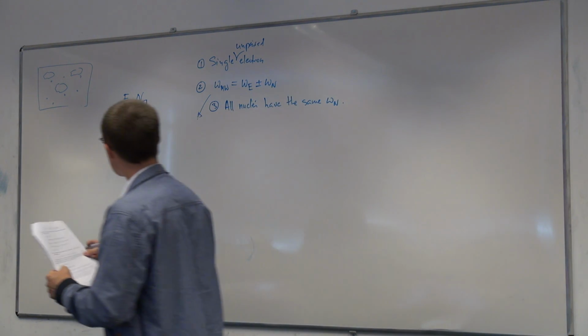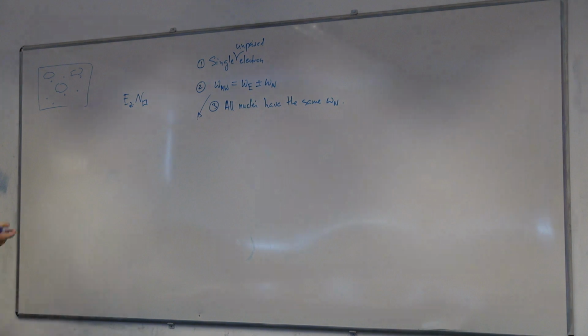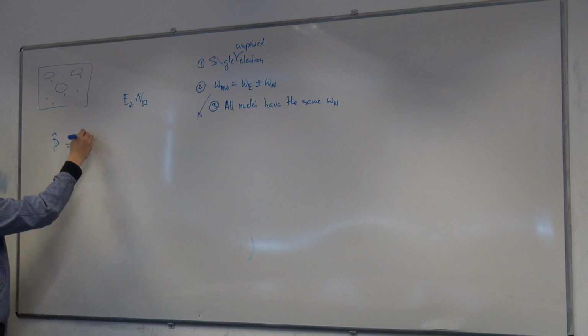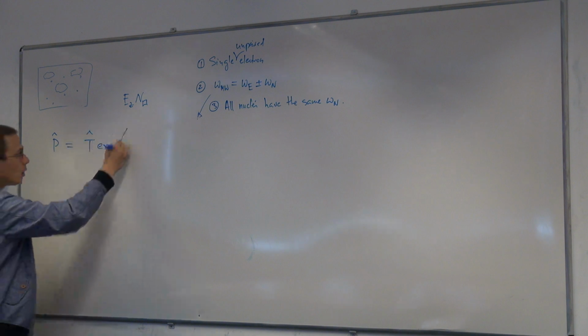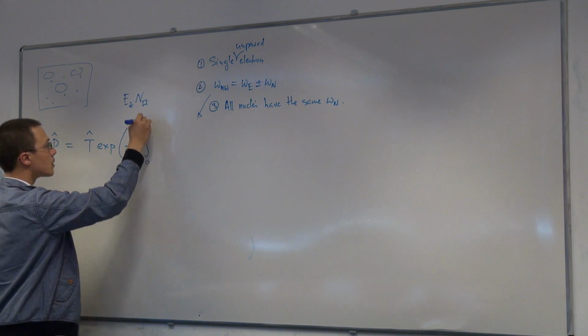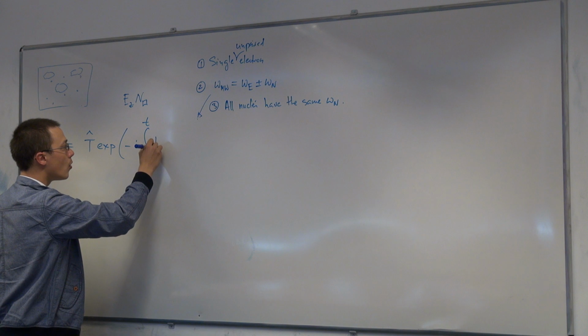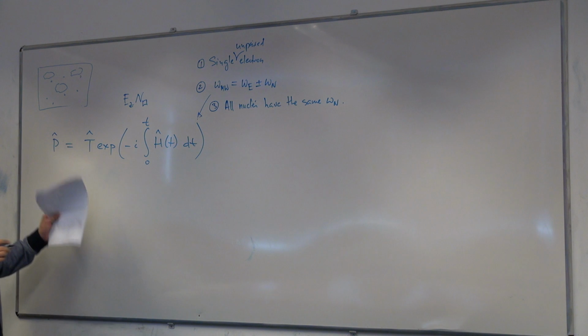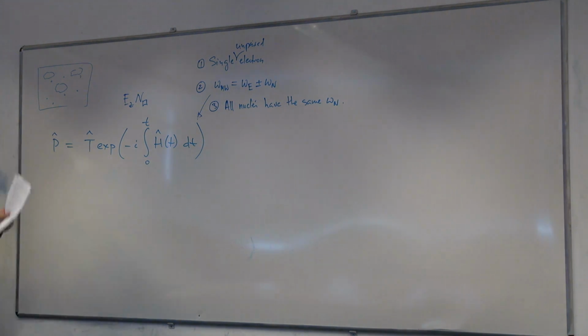If we have a propagator under a time-dependent Hamiltonian, P, it would be a time-ordered exponential of minus i times the integral from 0 to time t of H of t dt. What a time-ordered exponential was, I explained at the beginning of the course. It's not as simple as taking the integral and then the exponential. It's much more complicated. In the most general case, well nigh incomputable. So that's the propagator of time t.